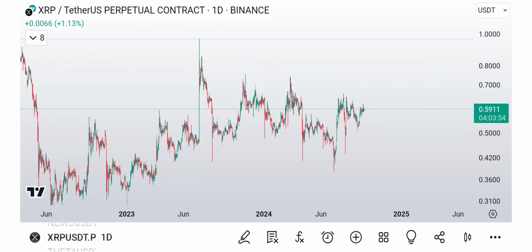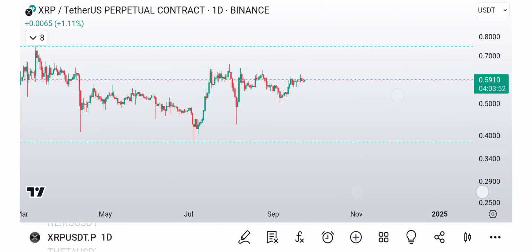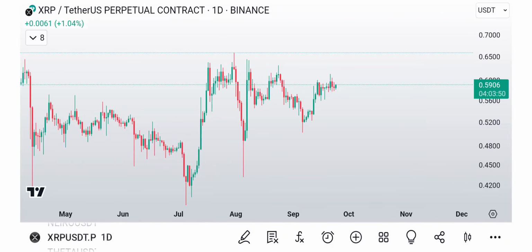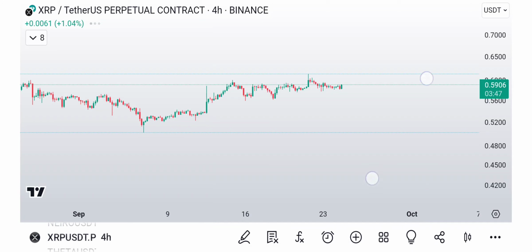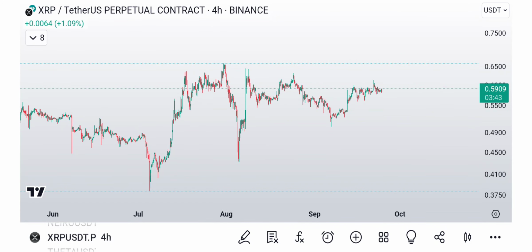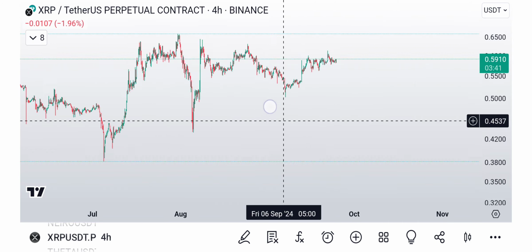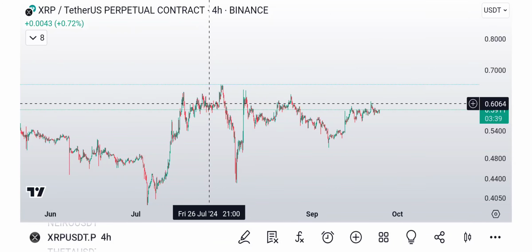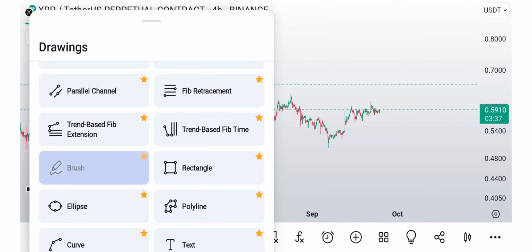Anyways, let's zoom back in. So we have that idea as a triangle, right? So let's go down to the 4 hour. Another idea too is obviously this could be a running flat, right?